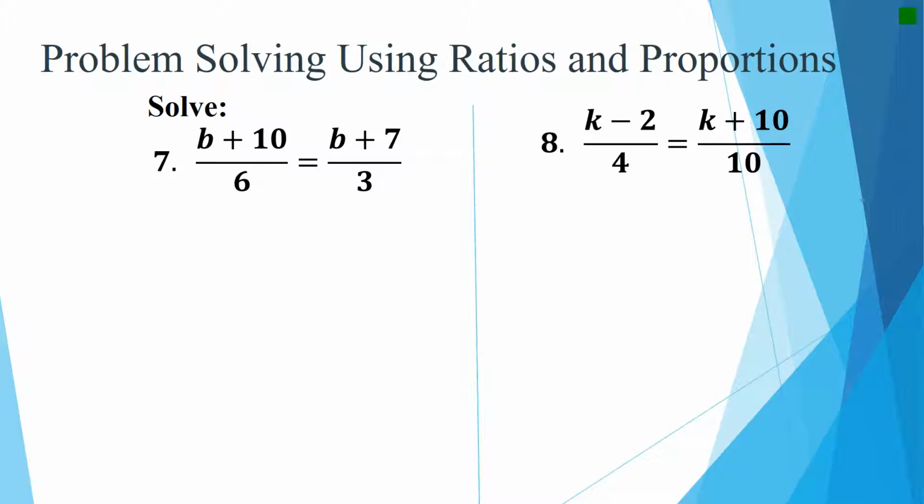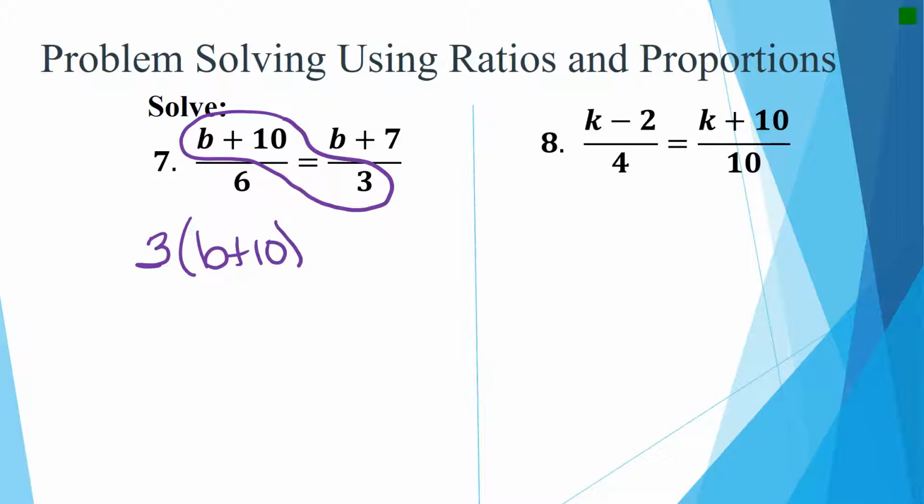Okay, so this is kind of the same thing, right? We're going to cross multiply. So if you didn't know how to do checkpoint 1, you might come back and look at it after this slide. 3, there's a plus sign, so I'm going to use parentheses, and that's going to equal, there's another plus sign, so I'm going to use parentheses.